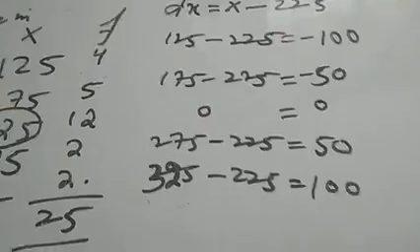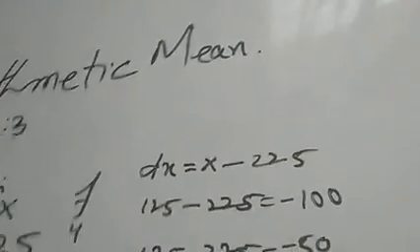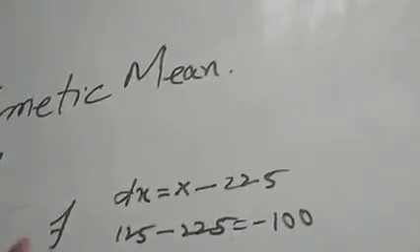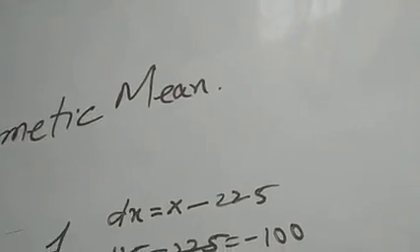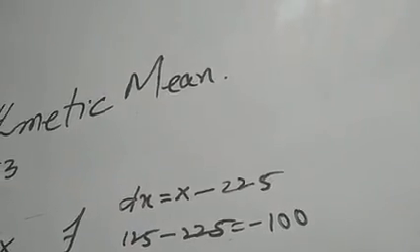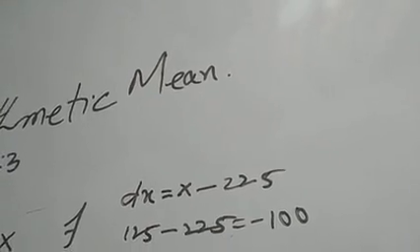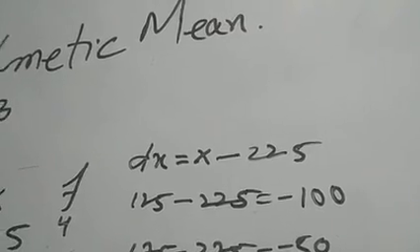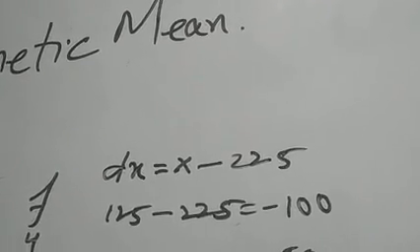Now let us rub this so that I will write only those columns which I need. Now we need the x column, f column, and dx column. So I will rub these columns, the rest I will rub. In order to save space, I will write dx here.